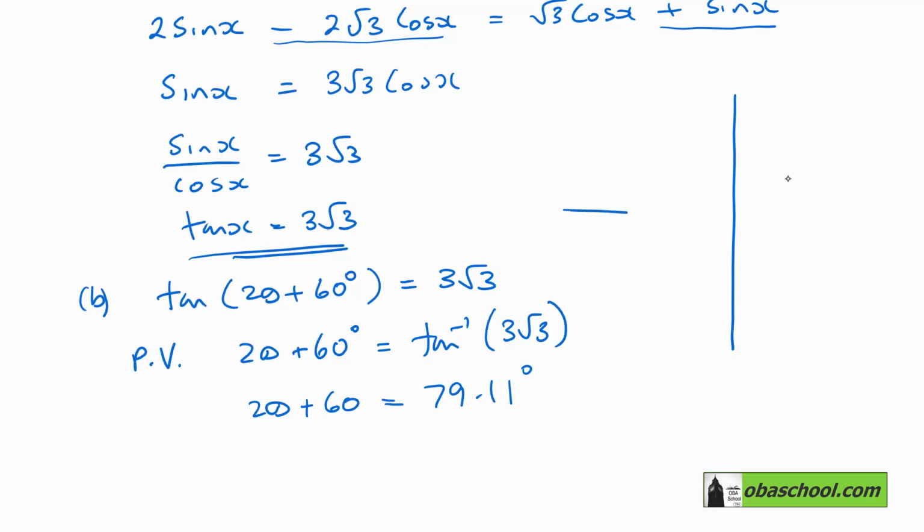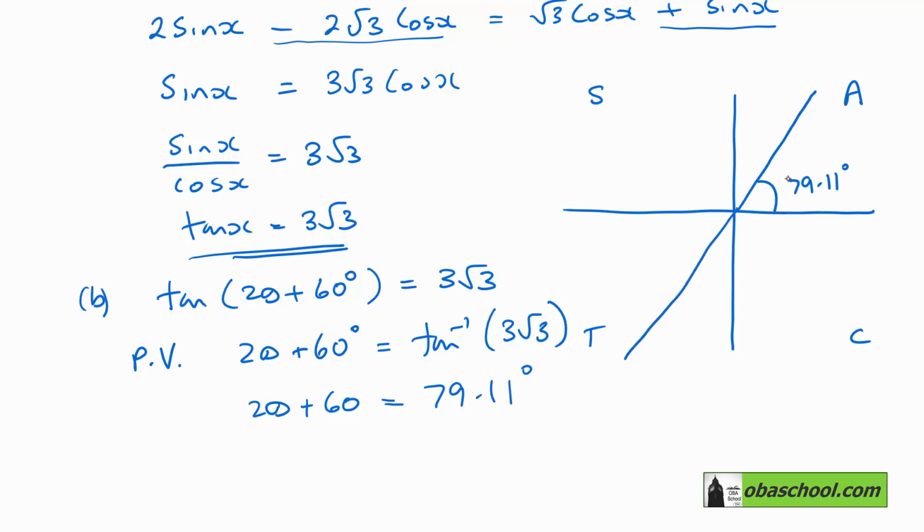So let's use a CAST diagram. All, sin, tan, cos. 79.11 is up here. And then there'll be a secondary value down there, which we're going to need to be interested in because of when we divide by 2.